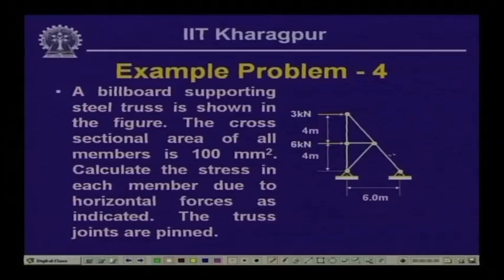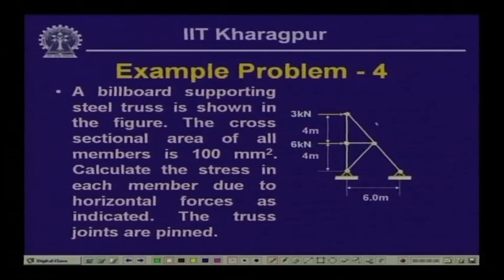This is one such supporting structure in which we have a framework and all the members are connected by pin joints, and this is the force which is acting on this member. Our job is to find out the stresses in each of these members from this particular force.